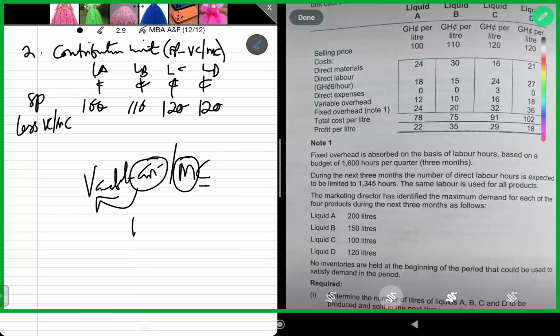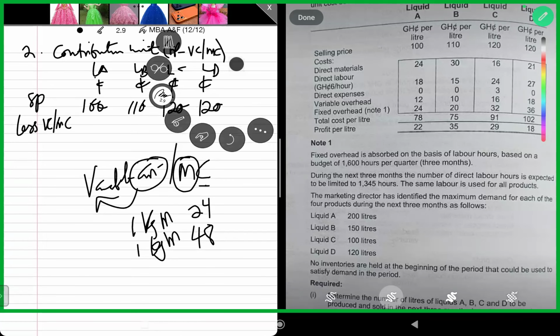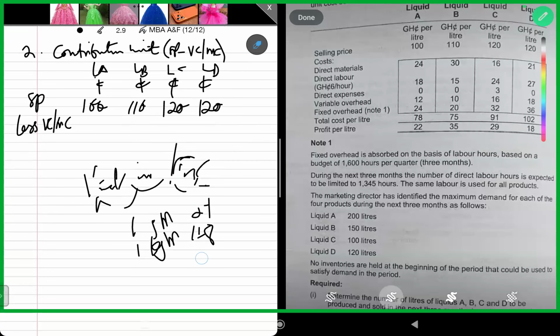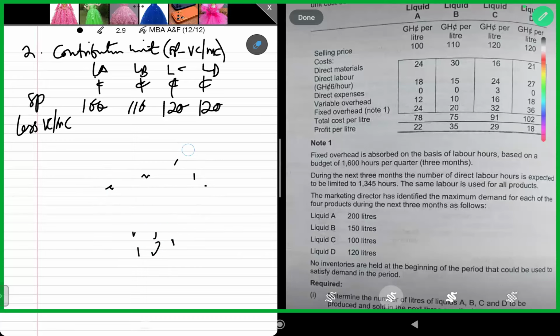So if 1 kilogram of material costs 24 cedis, and I add one more kilogram, will the cost still be 24 cedis? No, it will be 48. So material is also a marginal cost. It can change when the quantity changes. So it is less marginal or variable cost. They are used interchangeably because the cost changes when the activity or quantity changes.